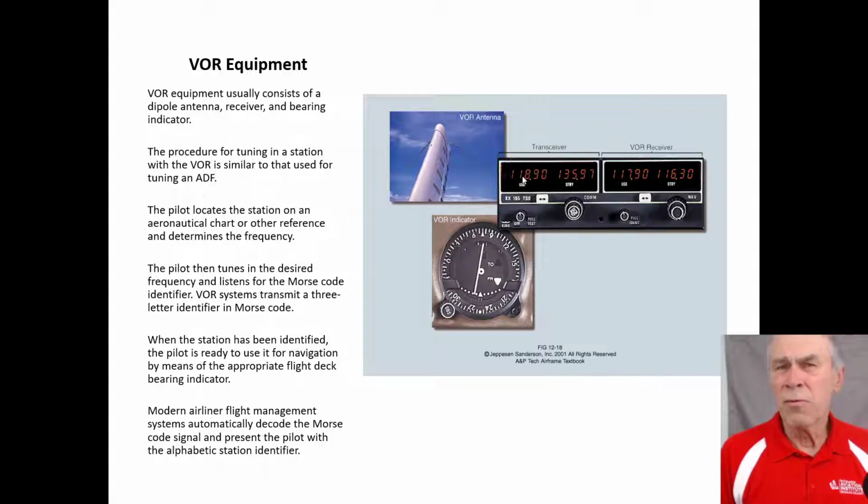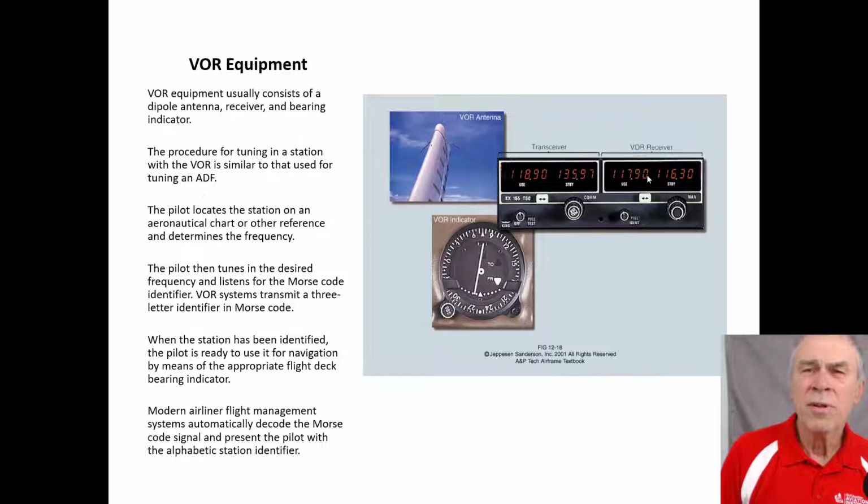The communication channel starts at 118, but you can use navigation right up to 117.9, so that's a good indication of where the bands do change. So navigation has the 10 between FM broadcast and aircraft communication.